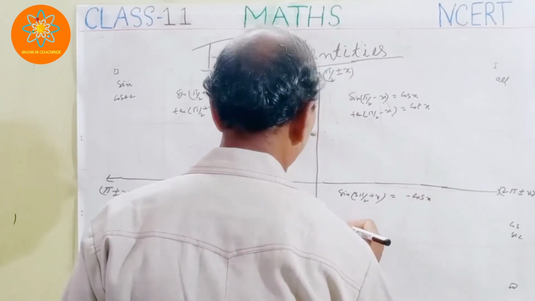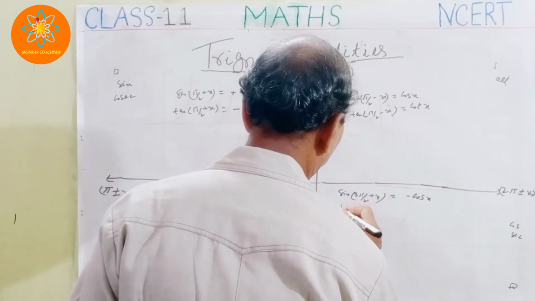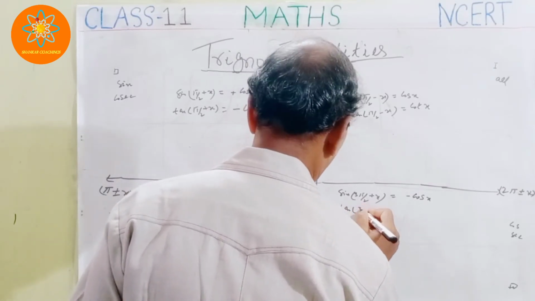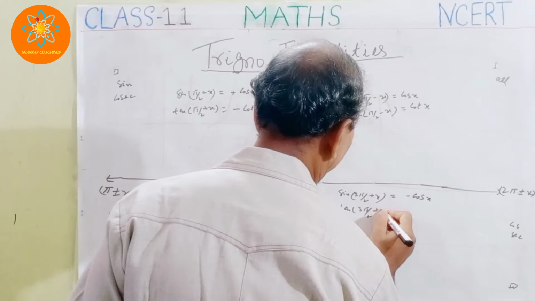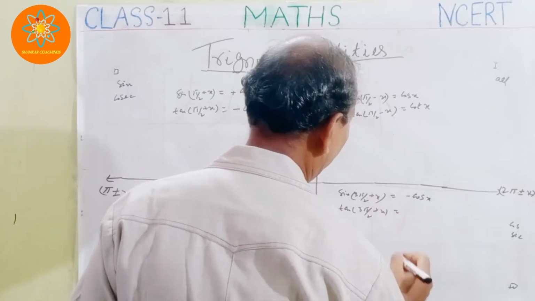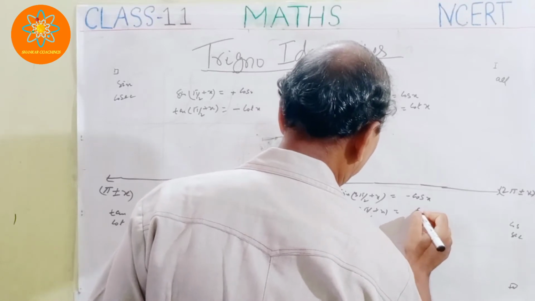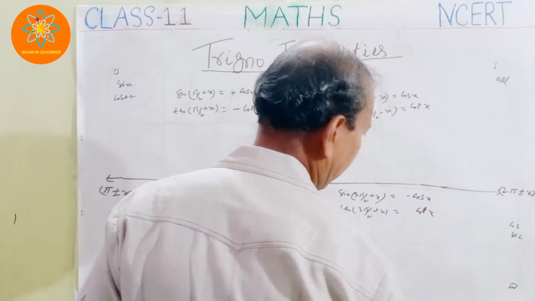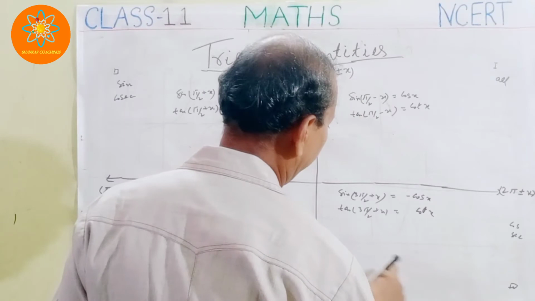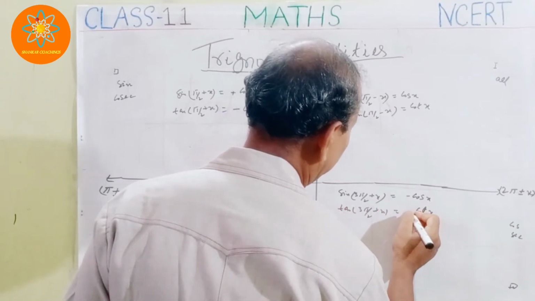Next, suppose tan(3 pi by 2 plus x). So what is the value? Tan will be changed into cot, so cot of x. It is in the fourth quadrant, so tan is negative.